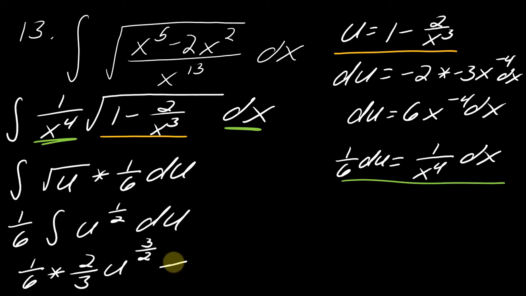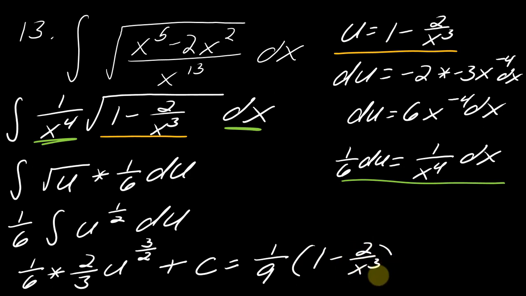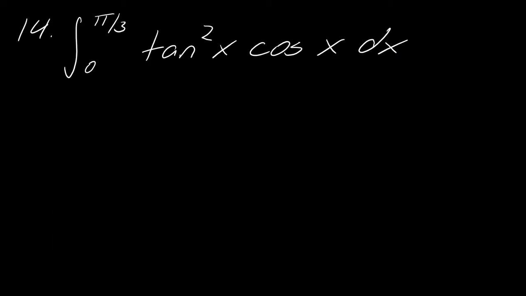So this will equal, plus c. So ultimately this will equal 1/9 times 1 minus 2 over x cubed to the 3/2 plus c. And so that would actually be the solution. So that was definitely a very tricky problem.